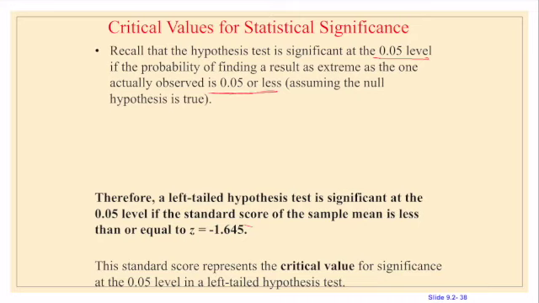So this standard score represents the critical value for significance in a left-tailed hypothesis test. I would always recommend when you get a z-score, going ahead and taking it to the z-table to verify just to be sure.